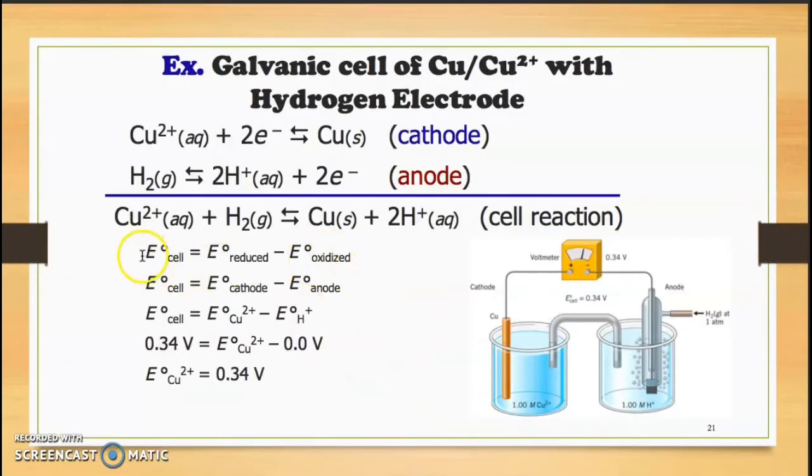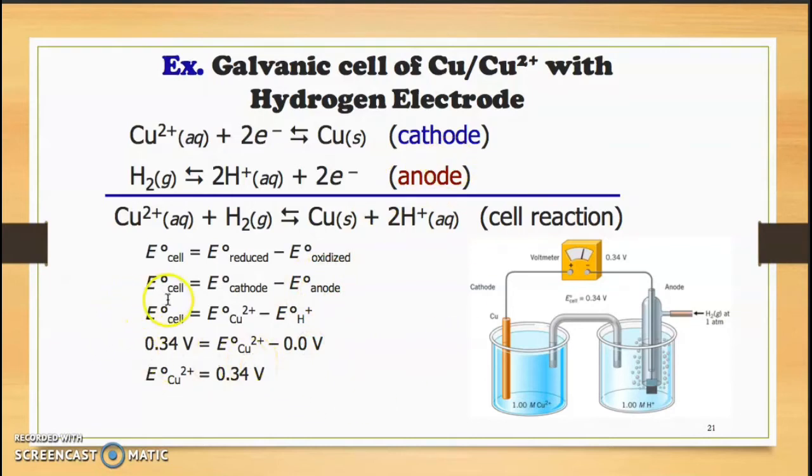So this is the standard cell potential, minus the SRP, still for the reduction, and the same goes here. But this is the reduced minus the oxidized. And we know at the cathode is reduction, and at the anode is the oxidation process.